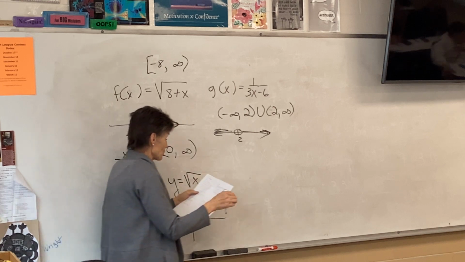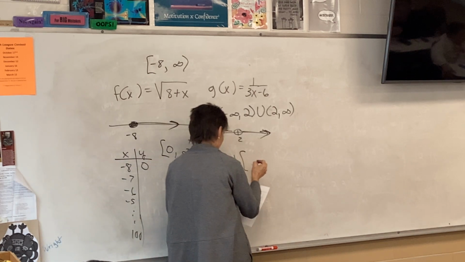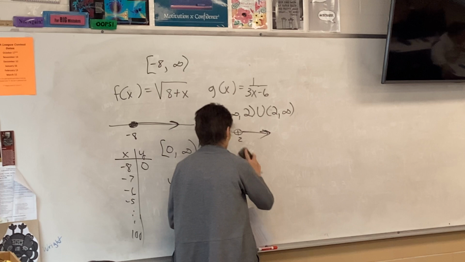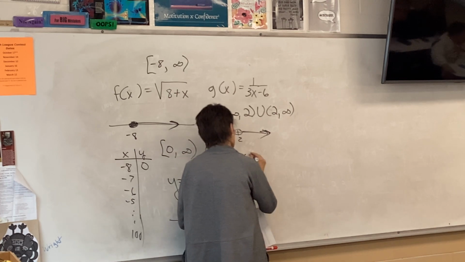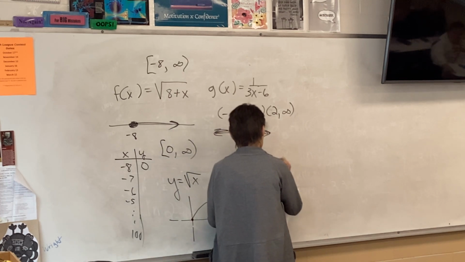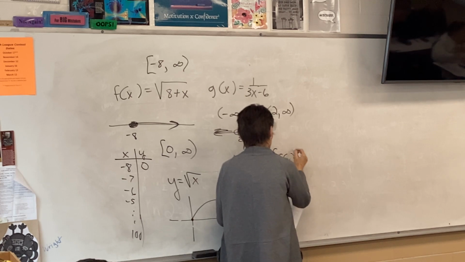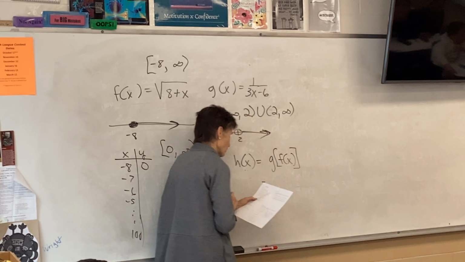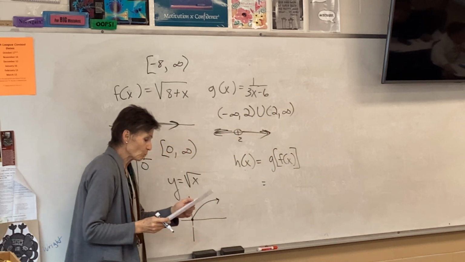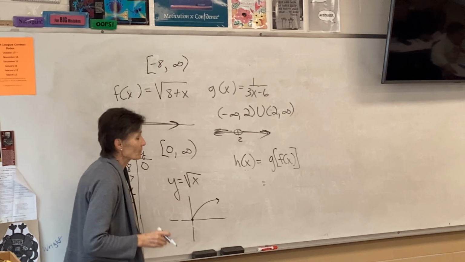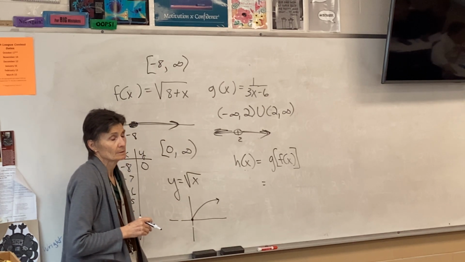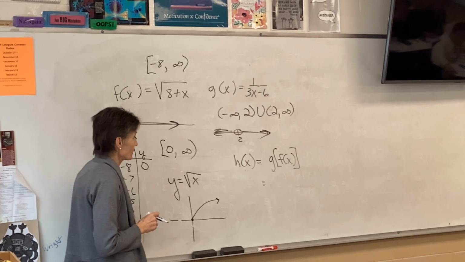Let H be the composition. Some of you were struggling with some of this in the homework. Some of you have turned in that homework, and you're struggling just a little bit with some of this. You need to write the equation of the composition.